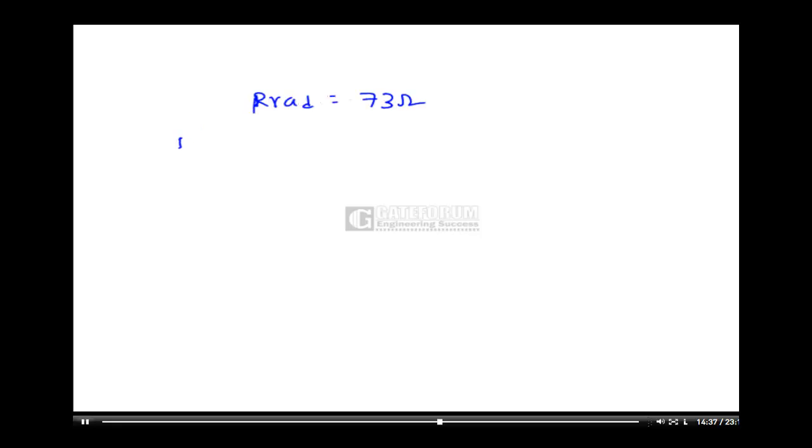But if you consider a more practical case, the input impedance of a dipole antenna, Zin, for a half wave dipole antenna is given by 73 plus j 42.5 ohms.